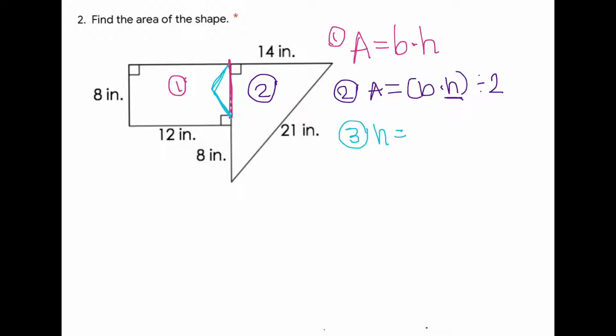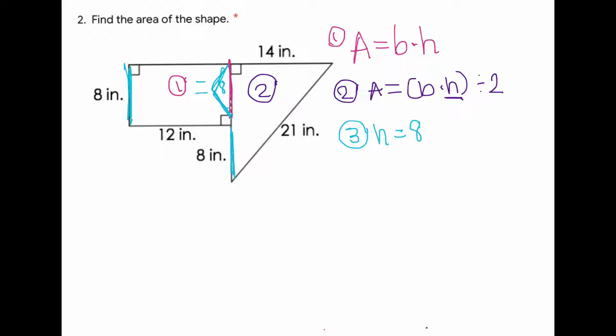So we know this part of our triangle is 8. And we know that this part here equals this part here. They're the same. So the inside part also equals 8. That missing part.